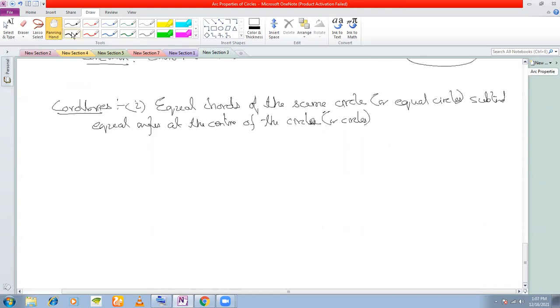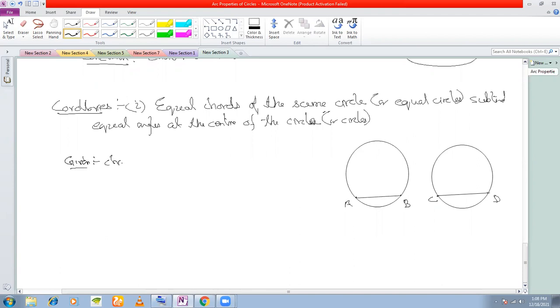Very quickly, if you have for two circles, let's say if I have two equal chords AB and CD, suppose these two are equal. Chord AB is equal to chord CD.